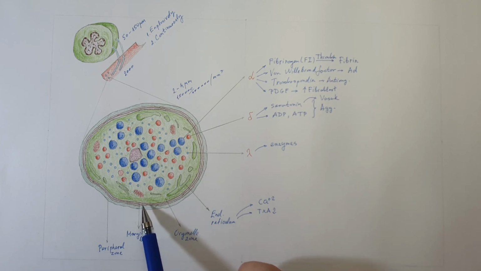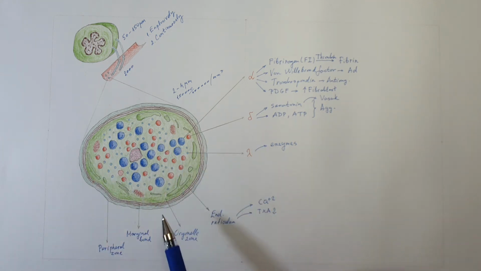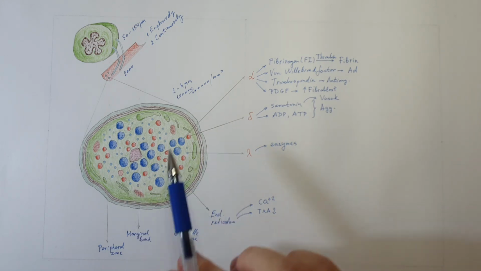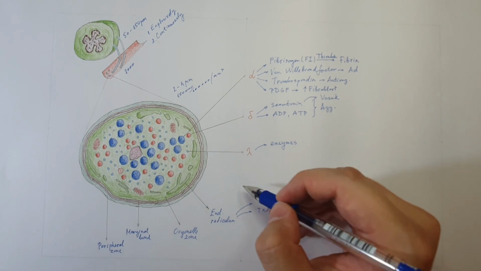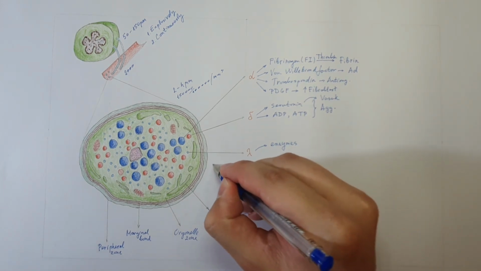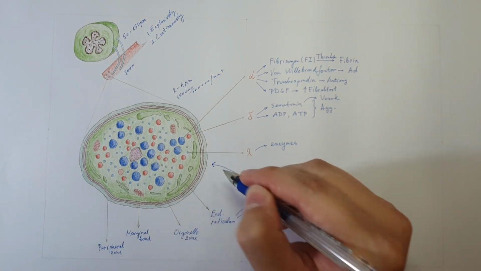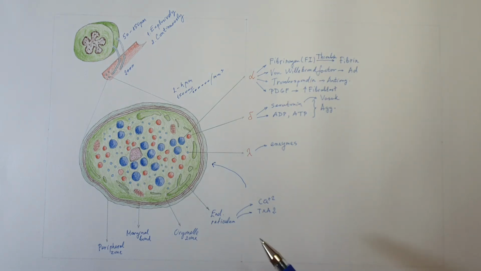There will be a polymerization of actin and myosin filaments. There will be a contraction and a degranulation of these granules. All these molecules will then activate the thrombocyte. The thrombocyte will then aggregate and form this primary clot, which is its primary function.